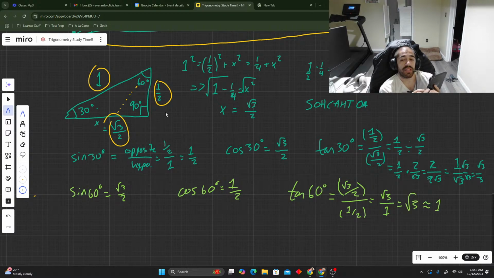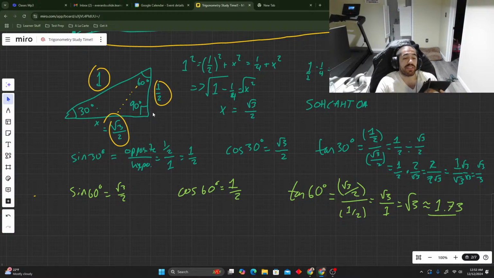This is approximately 1.7, I believe. Maybe 1.8. Let me see. 1.73. Yep. Okay. And so that's how that goes with the 30, 60, 90 triangle.